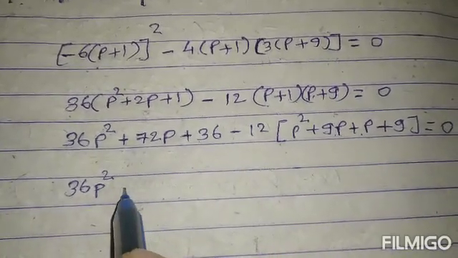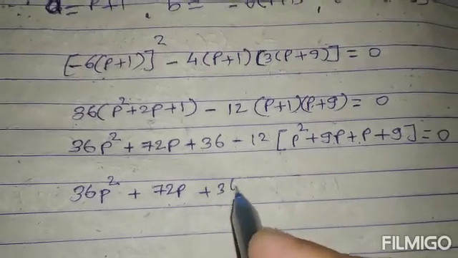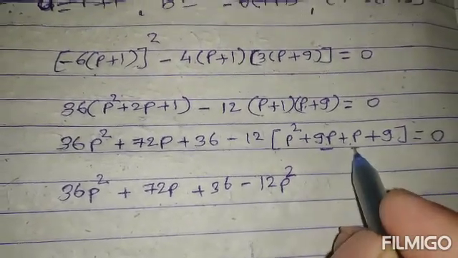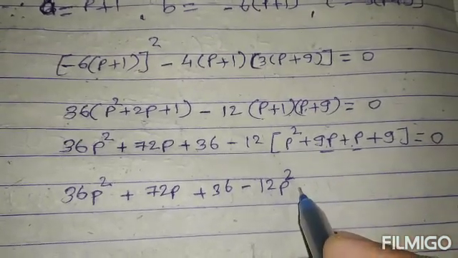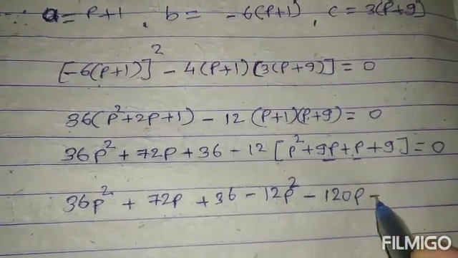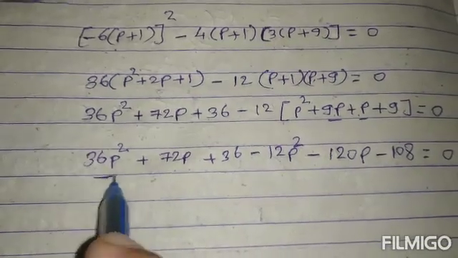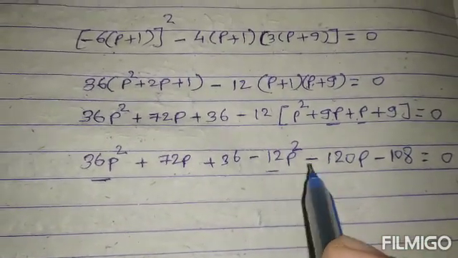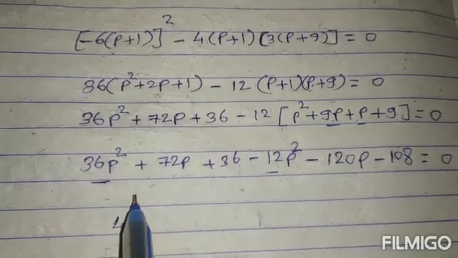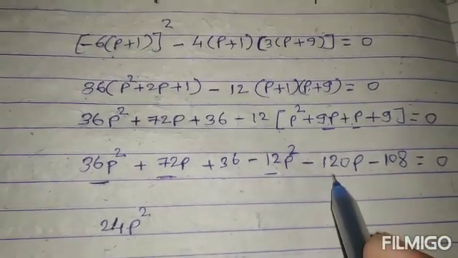Next, 36p² as it is, plus 72p + 36 minus 12p² minus 120p minus 108 equals 0. Here 9p plus p is 10p, 10 into 12 is 120p, and 12 into 9 is 108. Now 36p² minus 12p² is 24p², then plus 72p minus 120p.